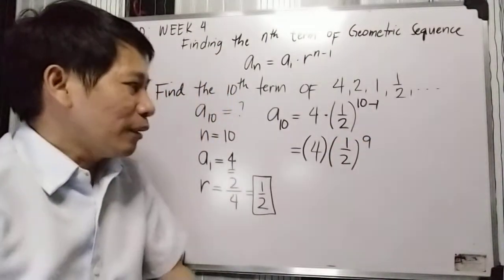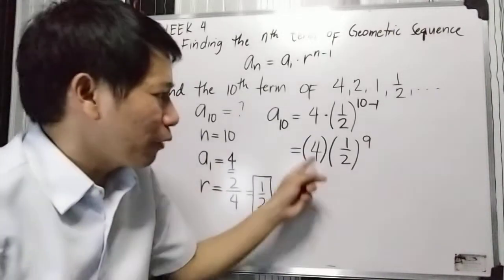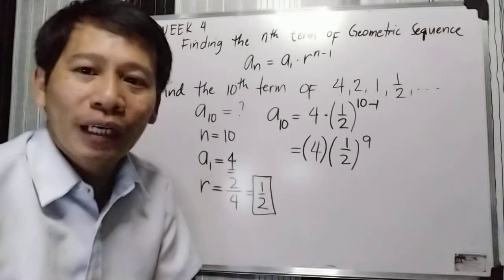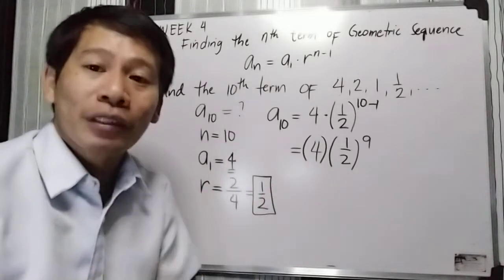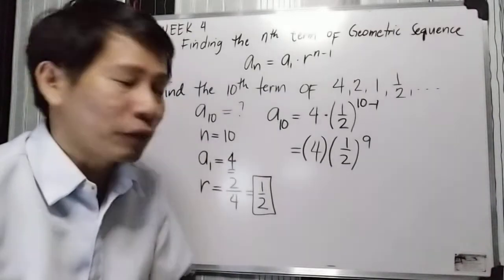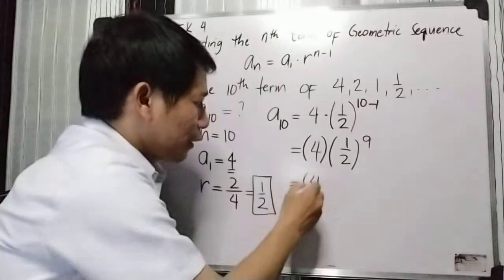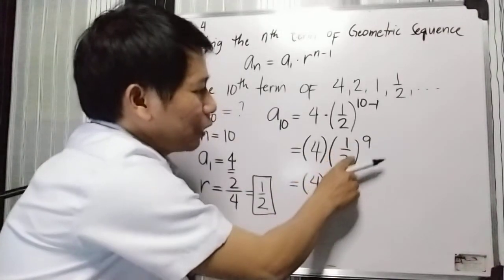And then we will simplify this first. Remember, you will not multiply 4 by 1/2. By order of operation, unahin muna yung may mga exponent. You have to evaluate first those expressions having exponent. So we will have 4 times 1/2 raised to 9.